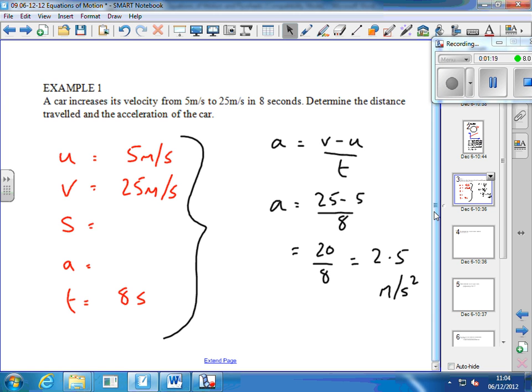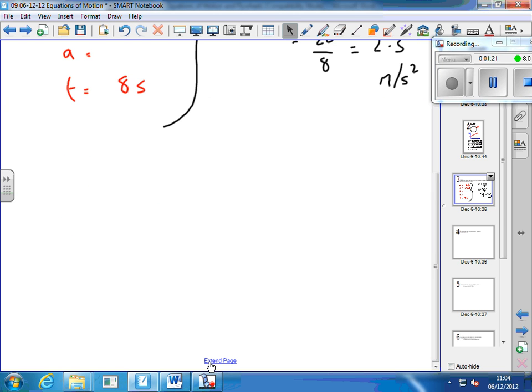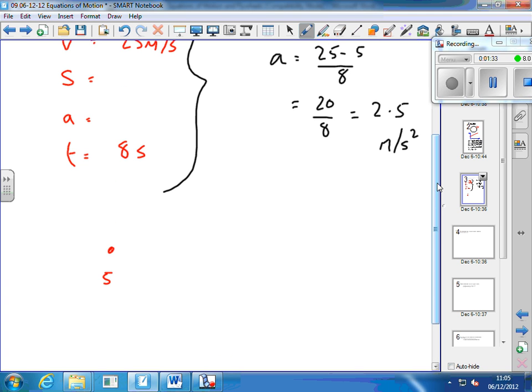If we look at this thing starting at 5 meters per second, and then after 1 second it's accelerating at the rate of 2.5 meters per second squared. That means it's increasing its speed at the rate of 2.5 meters per second every second.